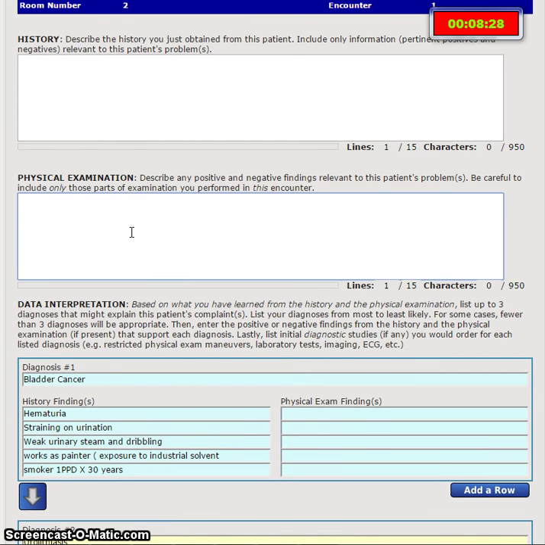Physical examination. In a general picture, it's very important to say that the patient is in no acute distress. He's not experiencing any pain. Vital signs within the normal limits. Chest: the chest is clear.